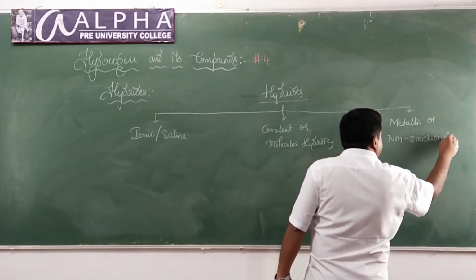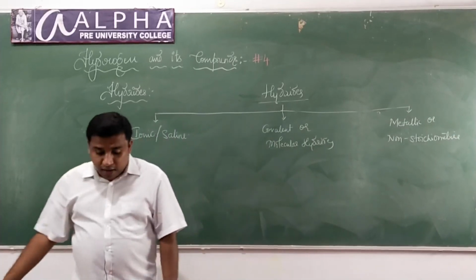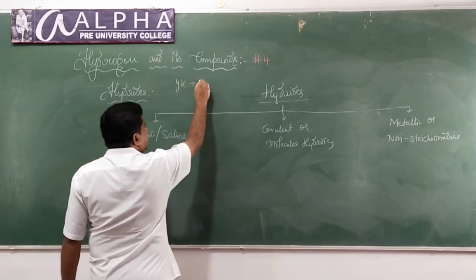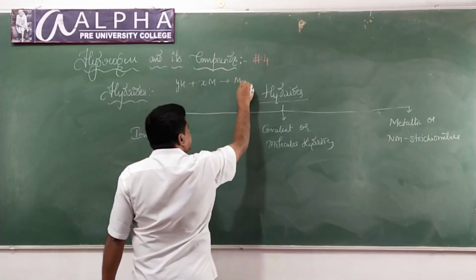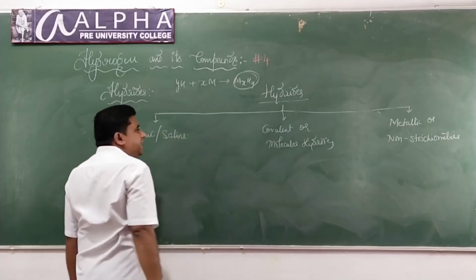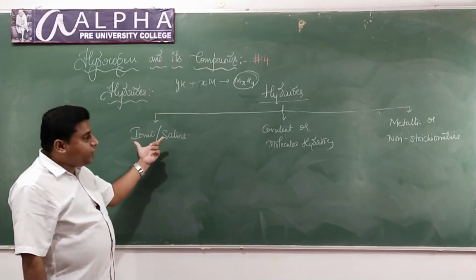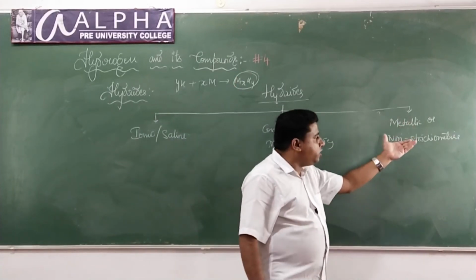I told you, if hydrogen combines with any metal, it forms a compound of the type MxHy, which are called hydrides, and these hydrides are classified into 3 types: ionic or saline, covalent or molecular, metallic or non-stoichiometric.